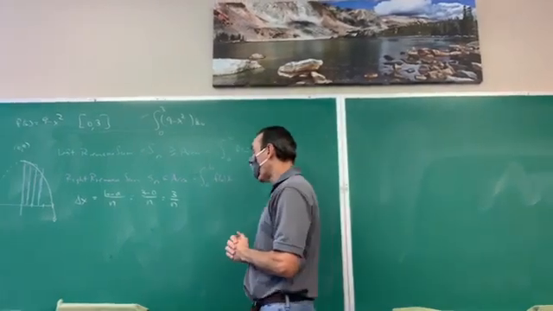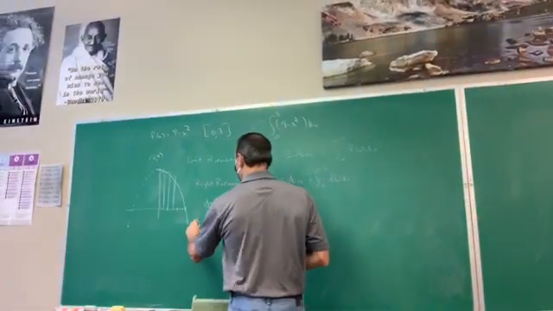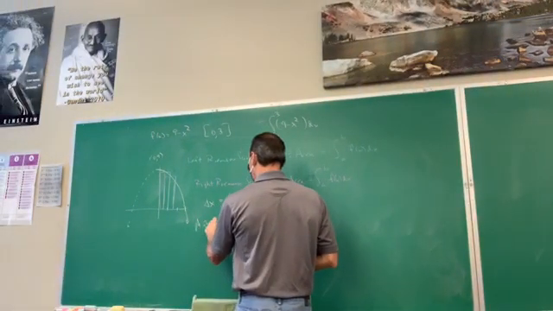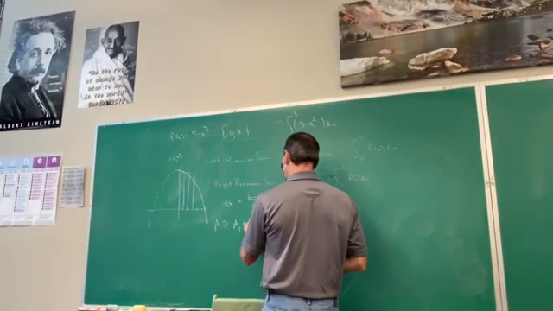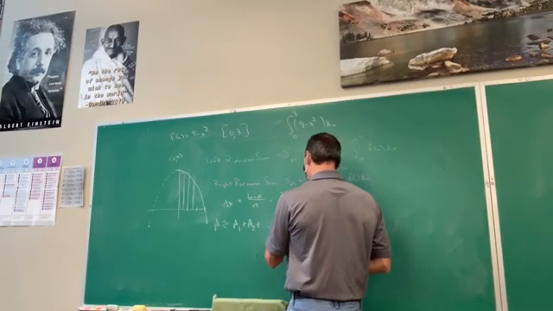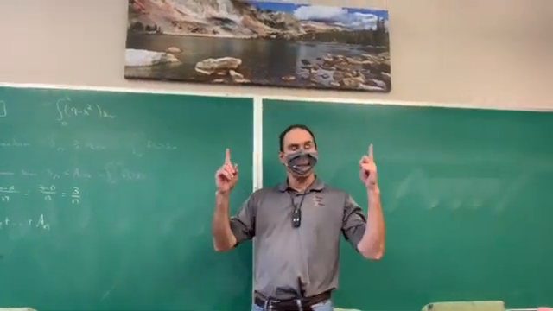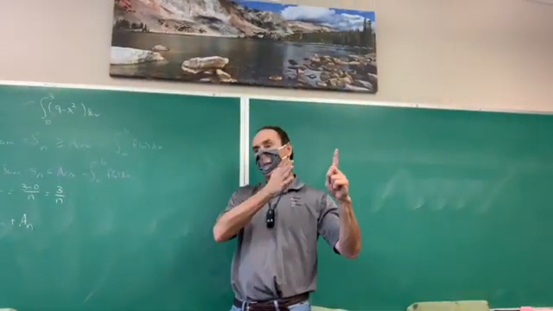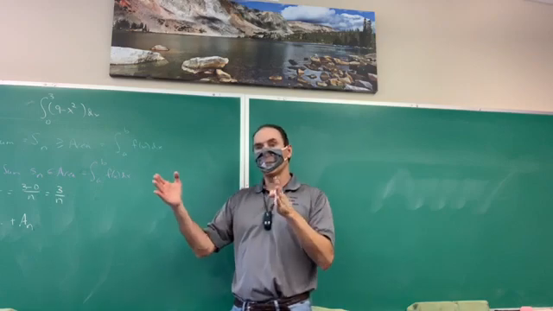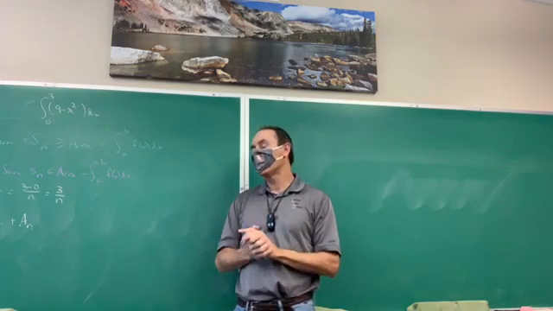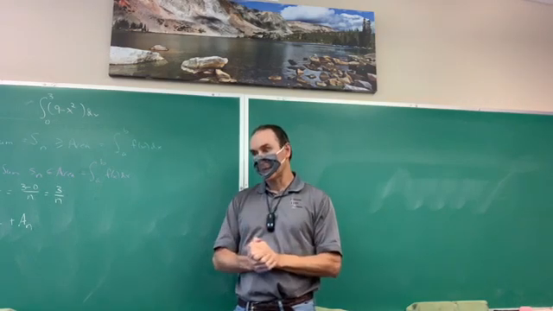Okay, so our claim is that our area is going to be approximately equal to, and I'm going to try to write out an expression for n rectangles. So we're dividing this interval from 0 to 3 into n subintervals of equal length, and we're going to find the area of each of those rectangles.